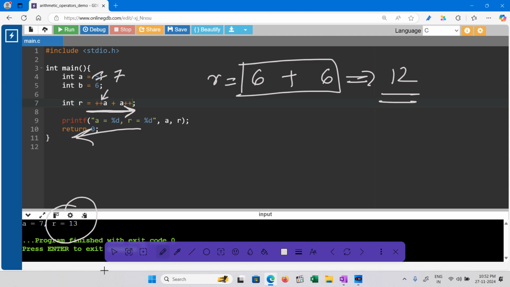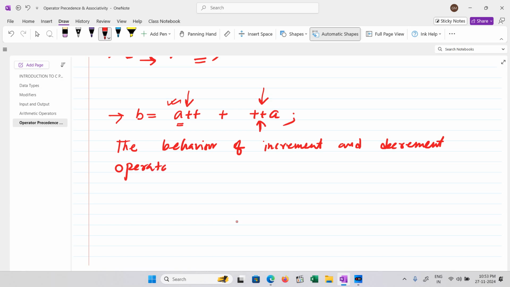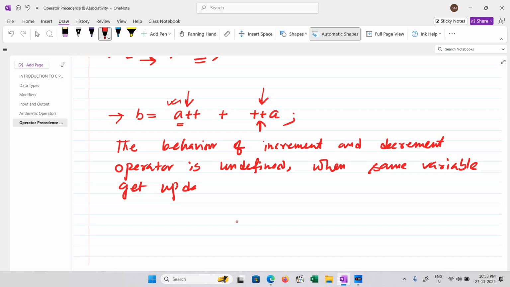Yes. So remember one very important part with respect to C programming: the behavior of increment and decrement operators is undefined when the same variable gets updated multiple times in the same expression.